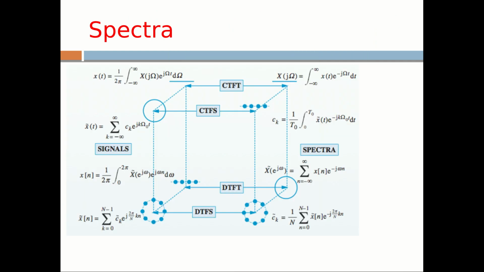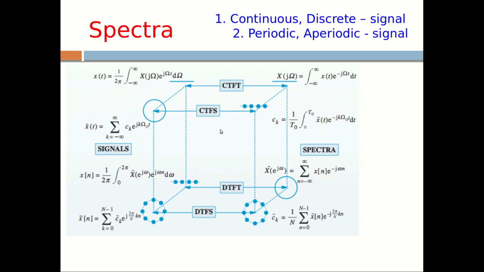This slide gives us an overview of all the transforms: CTFS, CTFT, DTFS, and DTFT. We know that signals can be continuous or discrete. They can also be periodic or aperiodic. The transform applied on a continuous periodic signal is CTFS.